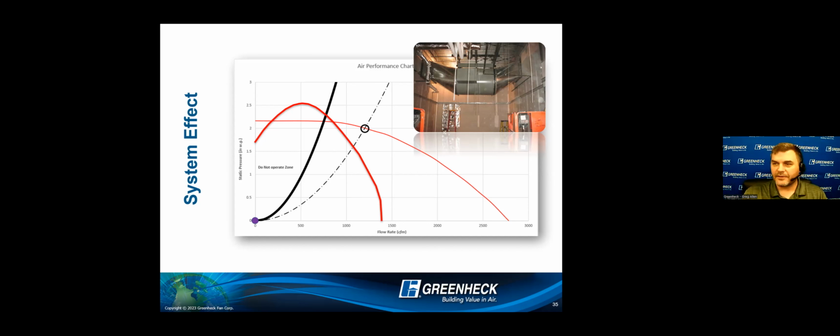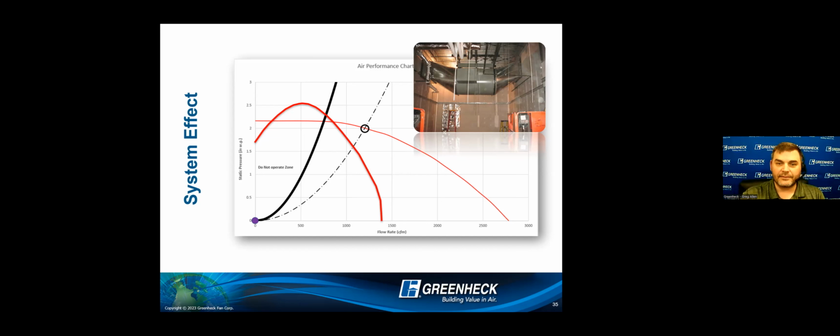There are different types of system effect. There's system effect out in the system, out in the ductwork, due to filters, dampers, etc. This is the system effect at the fan, simply defined as a change in the inlet or outlet condition of a fan that affects the efficiency and operation of the motor, right?